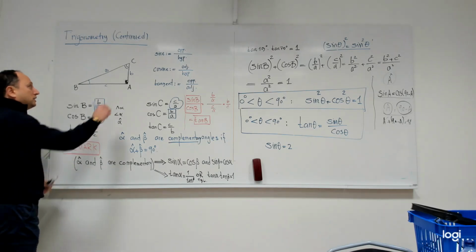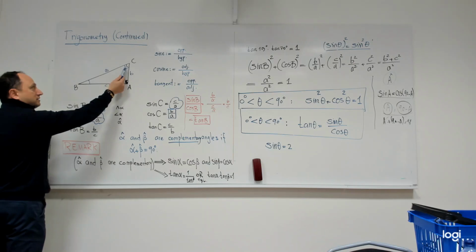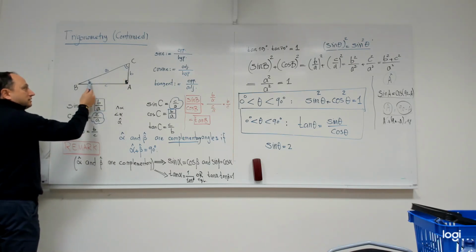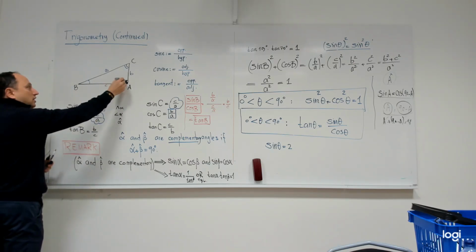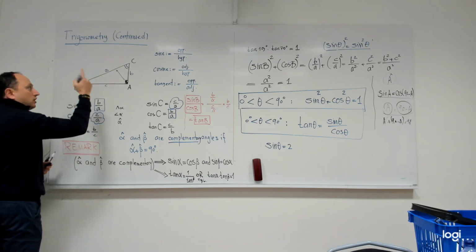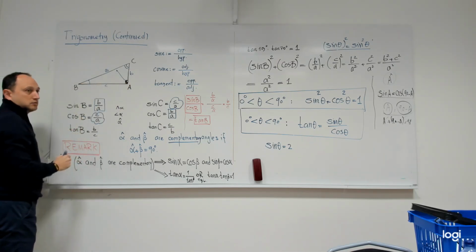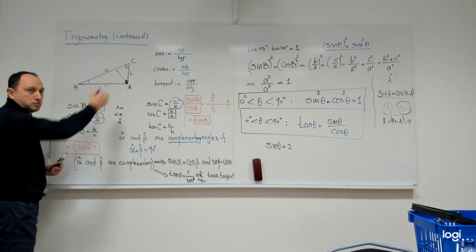So I hope that you agree with me that this 90-degree angle is greater than this angle. It's also greater than this angle. So the side opposite to it, which is the hypotenuse, is larger than this one and that one. Because the angle opposite to it is bigger.